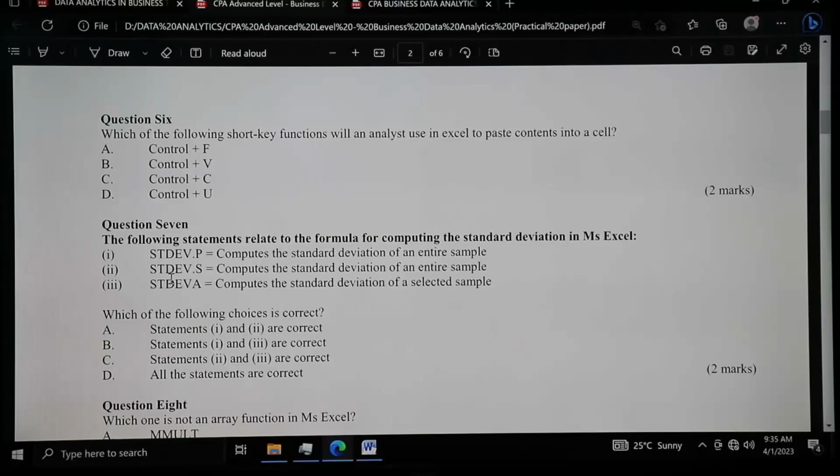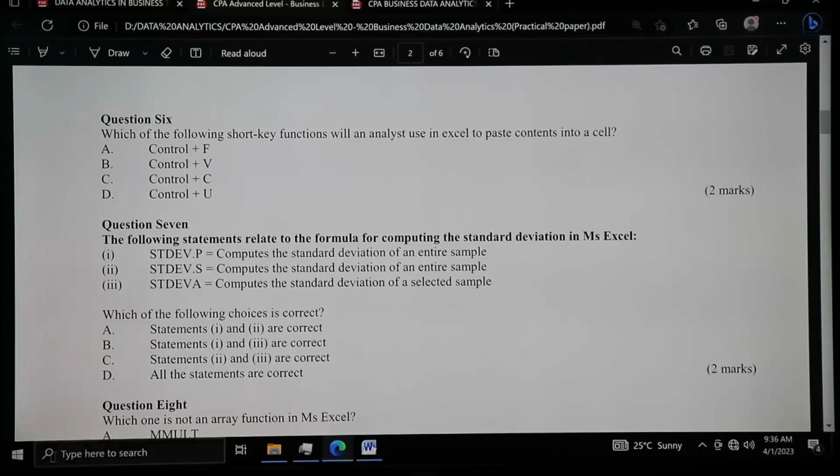P means population, where S means sample. Where there is S, we say it computes the standard deviation of the sample. And STDEVA is for all data, computing the standard deviation of the selected sample.